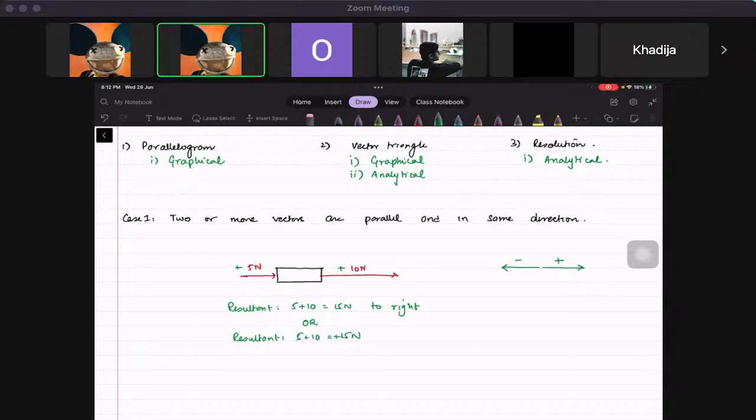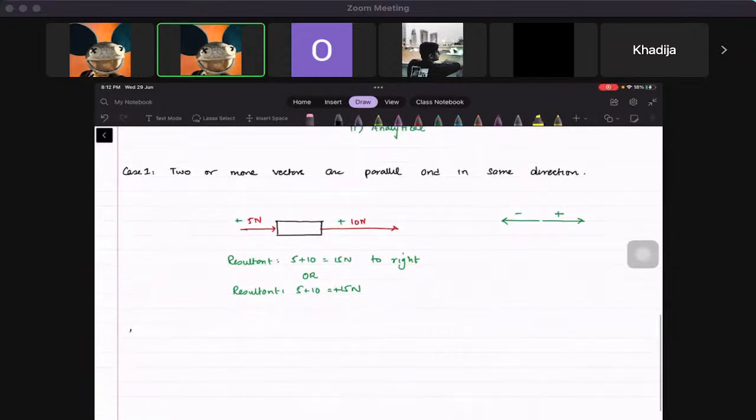Positive means that the resultant is towards the right because you put positive sign towards the right. Now you need to understand that positive does not mean that something is bigger than the negative number. In fact, it just means what is its direction. So you have to look at it that way.